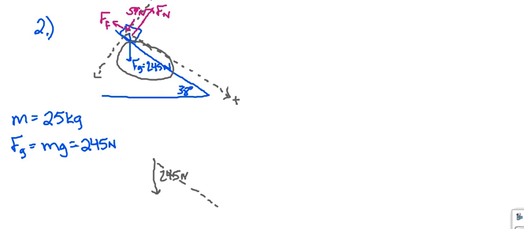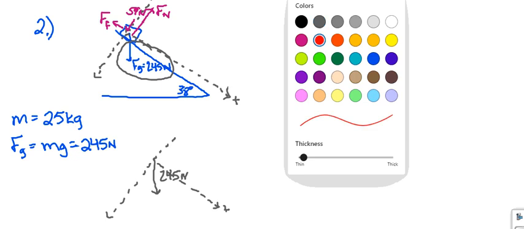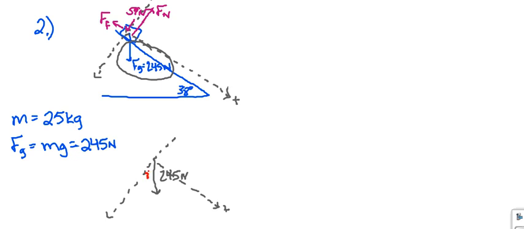Well, if this is the x direction and this is the y direction, we know something about it. We know that the angle here is 38. And so we can divide this into some components. That 245 newtons points down, in the y direction, and to the right. So there are components.